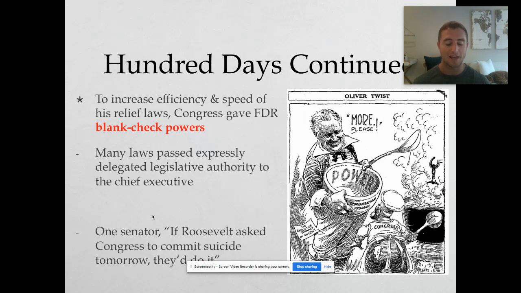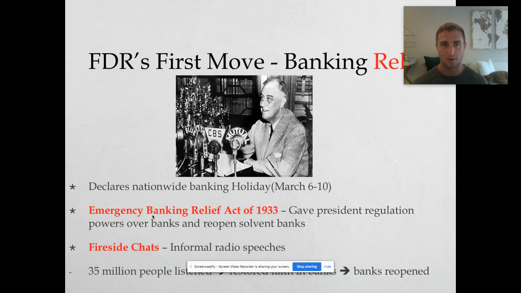FDR is given blank check powers in this time period, meaning he is able to come in and work with Congress to pass laws very quickly. And some of these laws give express powers to the president that we haven't seen before. The president is able to regulate the economy and make some changes in the economy that constitutionally isn't given to the executive branch.